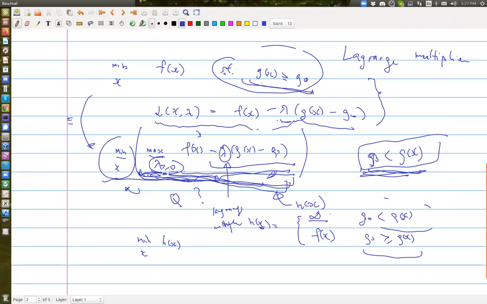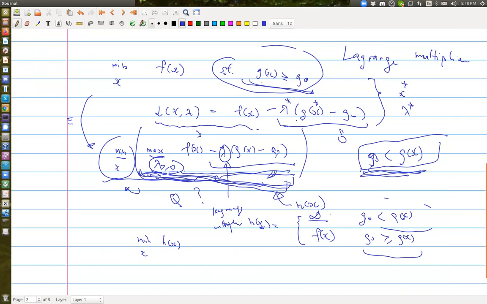For this Lagrange multiplier term added to the original objective function, if you have the final optimum value, let's say I have the final optimum x star and lambda star, then this value here, lambda star times (g of x star minus g0), is equal to 0.